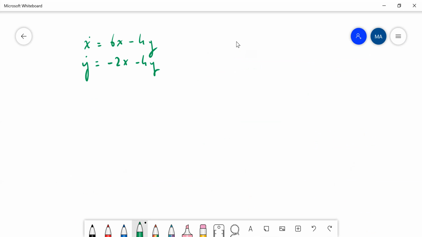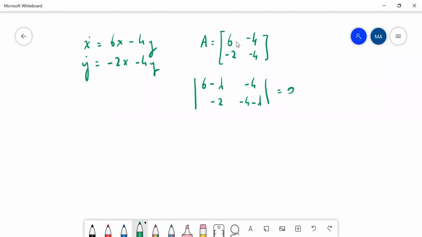So your A matrix is 6, minus 4, minus 2, minus 4, right? So your characteristic equation is determinant of 6 minus lambda, minus 4, minus 2, minus 4 minus lambda, equals 0.